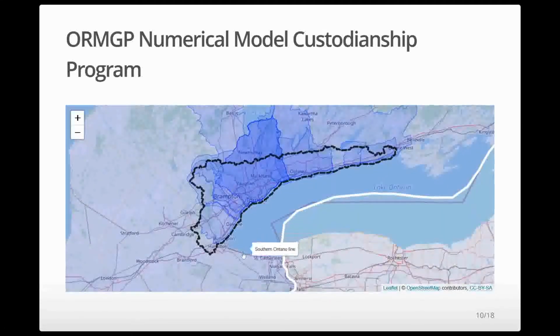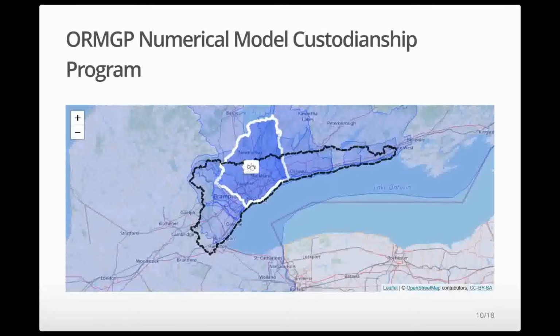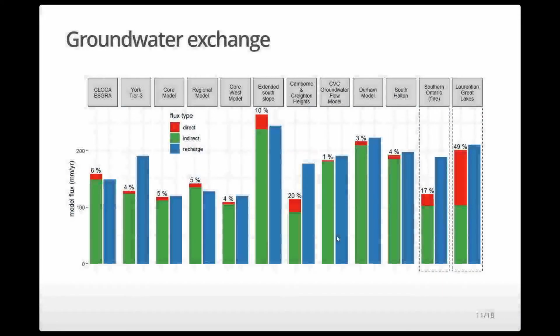And as we zoom in, we could see what is common with all these models that have been selected for this study is that they all share a common boundary along the Lake Ontario shoreline. After running all these models to obtain long-term estimates of groundwater recharge versus groundwater discharge, we start to see that, in general, these models behave quite similarly. They're all around that 200 millimeter ballpark that we established earlier with data.